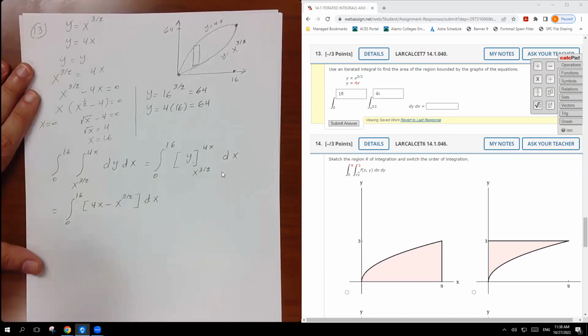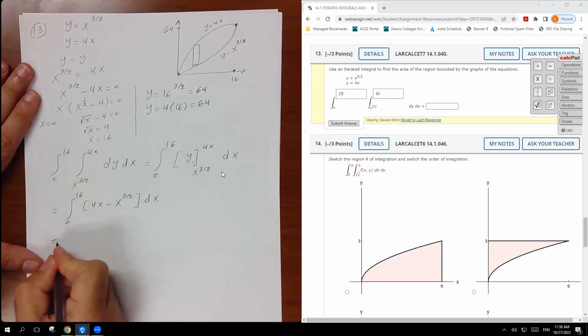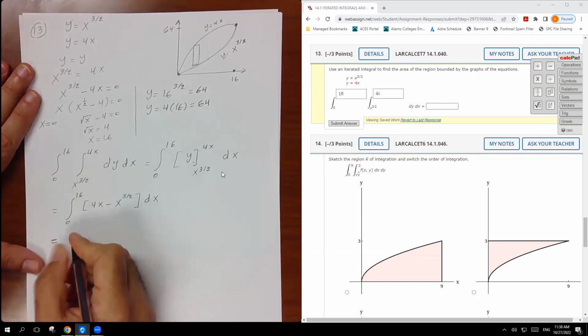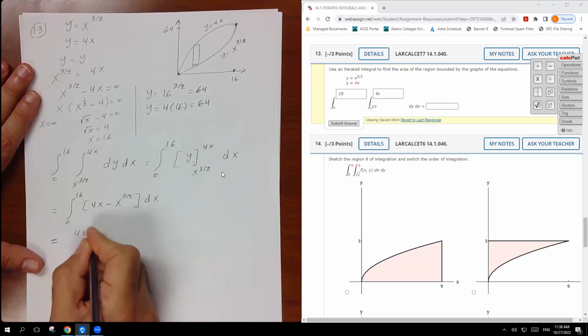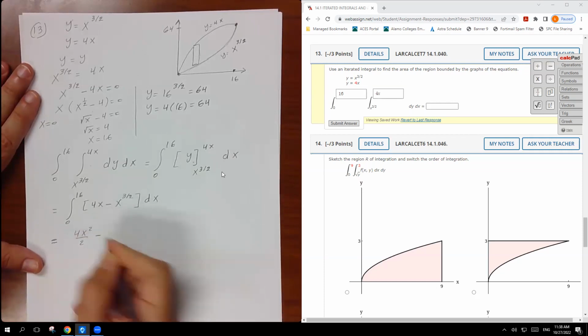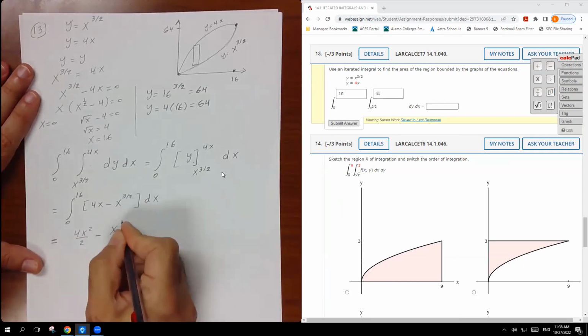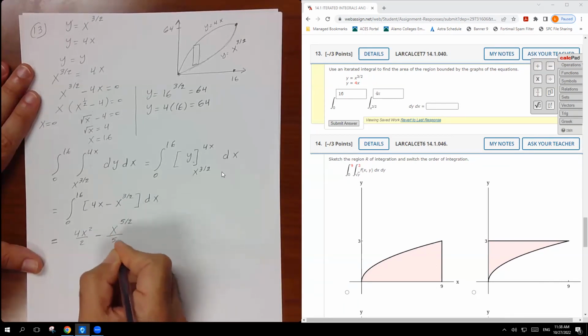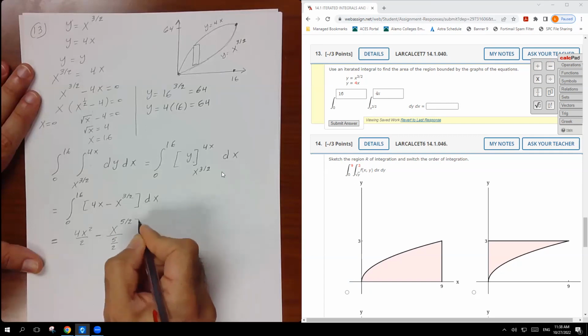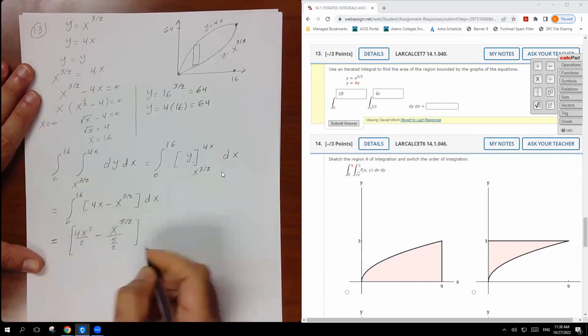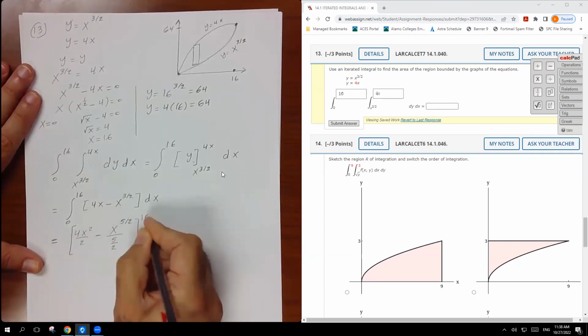Now let's do the integral with respect to x, so it's going to be 4x squared over 2 minus x^(3/2). We add 1, so it's going to be 5/2 over 5/2, and everything with the border from 0 to 16.